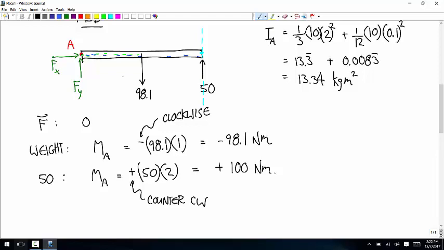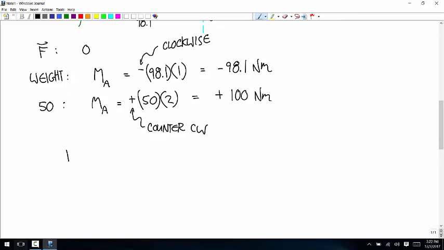And now that we've calculated the moments produced by all of those forces, we can put it into this equation. This is the angular form of Newton's second law.